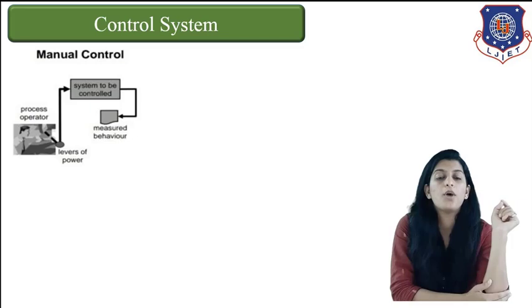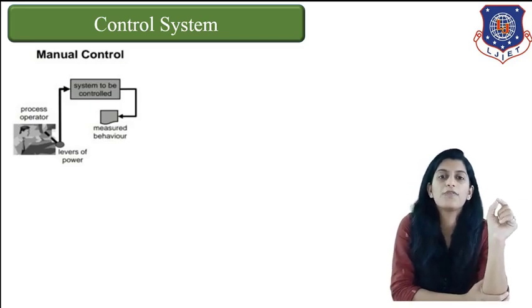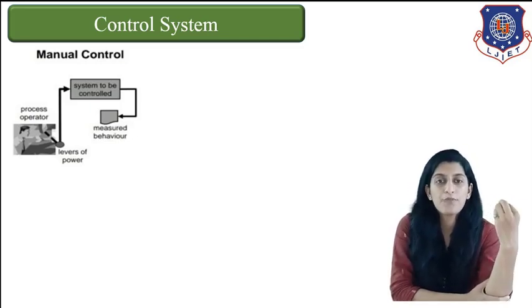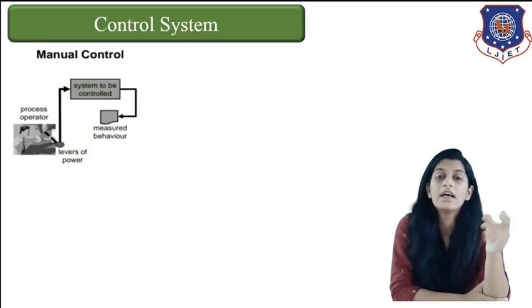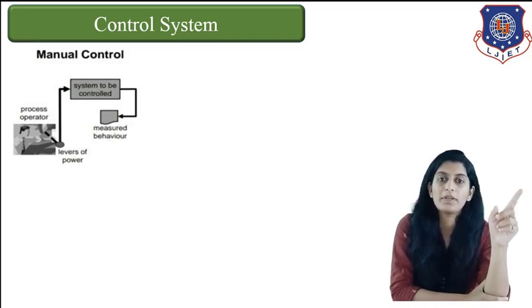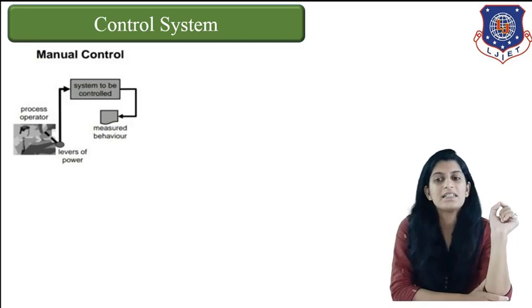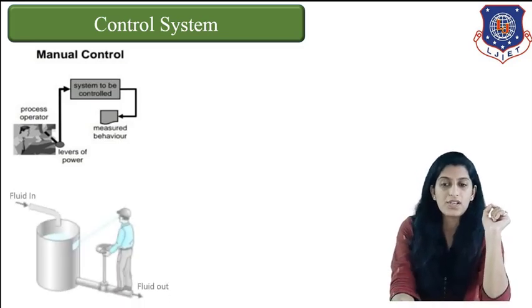If the operator wants to stop the flow rate of some fluid in any equipment, he needs to go to that equipment and turn off the knob there. So this is a manual kind of operation.